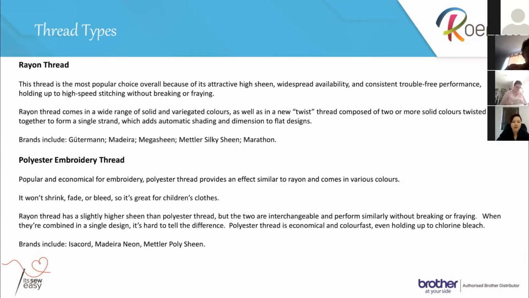It holds up to high speed stitching. It doesn't really fray. So this is a very nice fabric that they use, and it comes in a very, very wide variety of colors because Marathon uses the Pantone colors, and there are thousands of colors in the Pantone charts. You can go look at that on their website if you just Google Pantone colors.